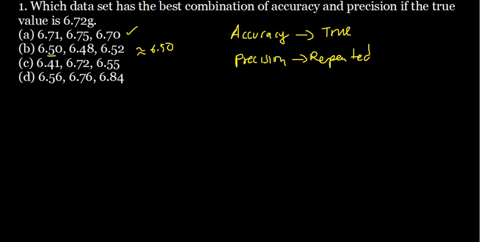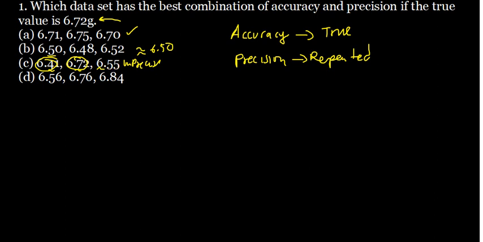If we look at C, 6.41, 6.72, these values are too far away from each other, so they are imprecise, and also not accurate. If you want to determine accuracy, because you have got three values here, you have to add them and then divide by 3.